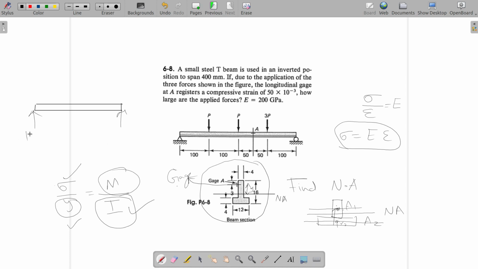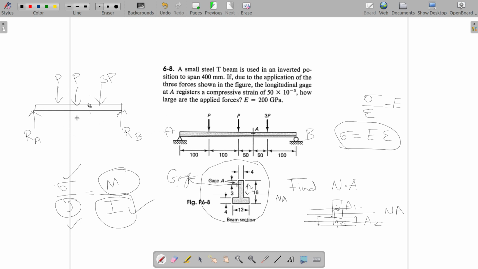Let's call these points A and B. So this is the reaction force at A, and this is the reaction force at B, and you have force P here, and 3P somewhere else, and this is the point of interest for us.